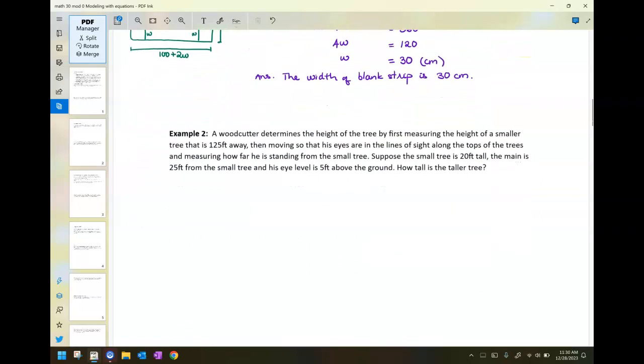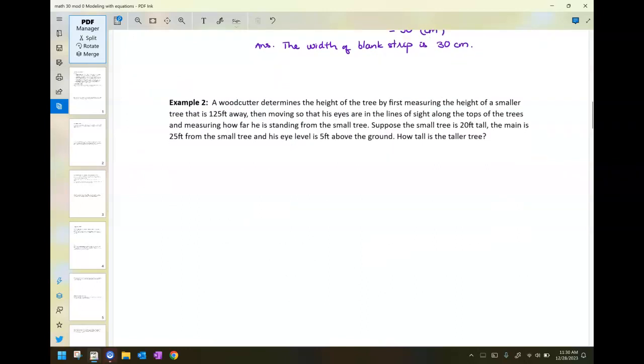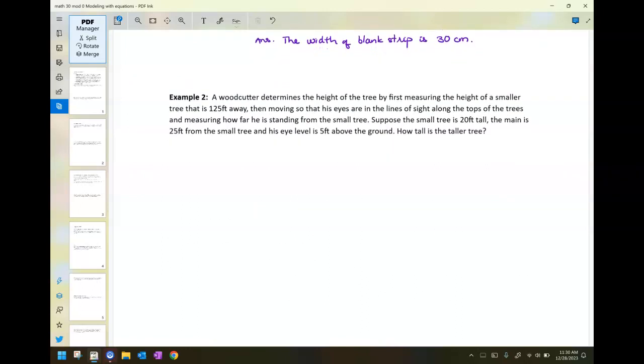Well, let's take a look at the next example. A woodcutter determined the height of the tree by first measuring the height of a smaller tree that is 120 feet away, then moving so that his eyes are in line of sight along the top of the tree, and measuring how far he is standing from the small tree. Suppose the small tree is 20 feet tall.